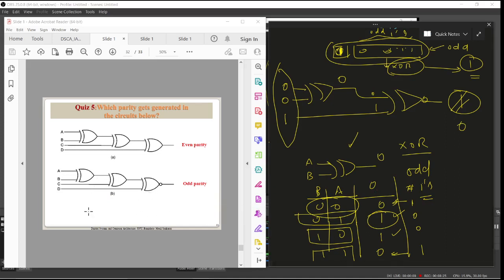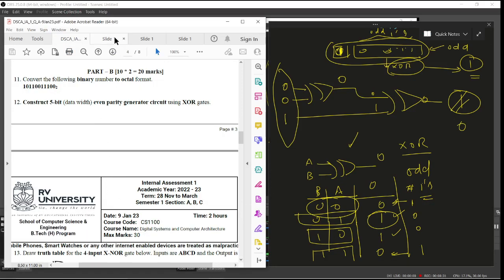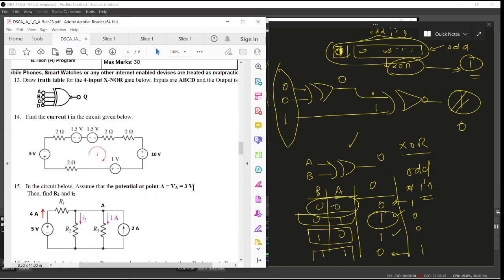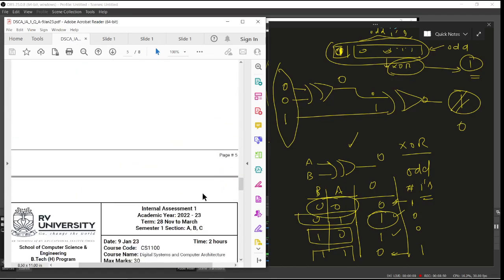If you remember the 4-input data odd parity circuit here, what is asked is a 5-bit data. What you need to do is add one more input to the existing odd parity generator, and this NOT should be removed. It should be moved to the end. Now let me show you the solution.